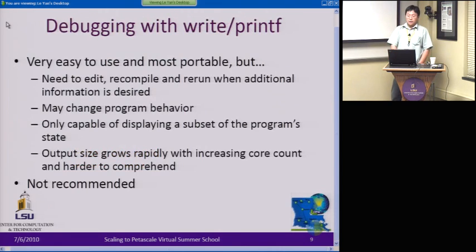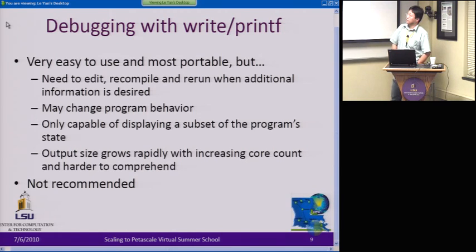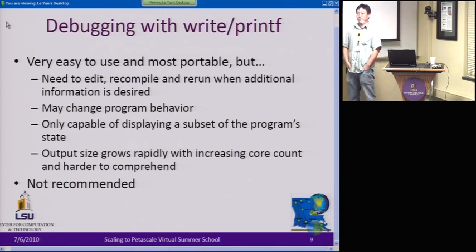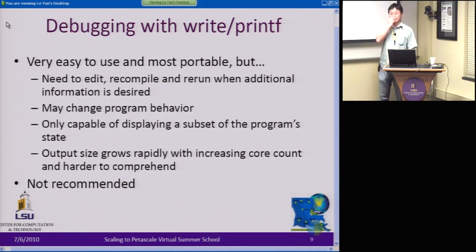So what kind of tools do we have to help us if I ever have something like this? Well, in every debugging class, these two commands will be mentioned: write or printf. I guess every programmer uses write or printf to find out the value of a variable when something went wrong.